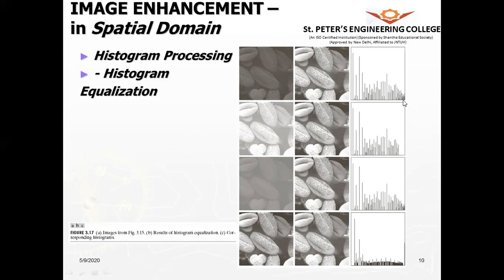If it is in the higher intensity region, then it is very bright. If it is in the middle and has a very narrow plot, then it is not a very good one. If it is spread out like this, it is a good one, more pleasing to the eye. So whatever kind of image is present here, it is enhanced by performing histogram equalization.